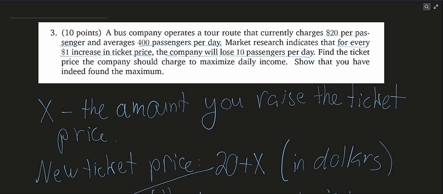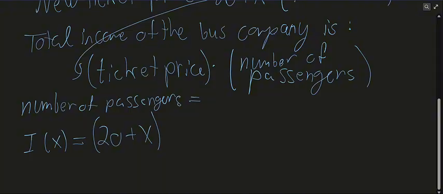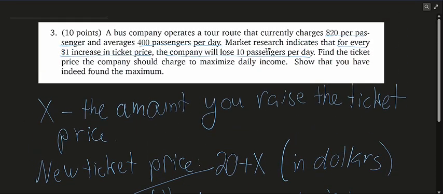Now it says for every $1 increase in ticket price, the company will lose 10 passengers. So logically we want the 400 passengers minus the number of passengers that we lose. What is the number of passengers that we in fact lose? Well, you lose 10 passengers for every $1 you jack up your price.